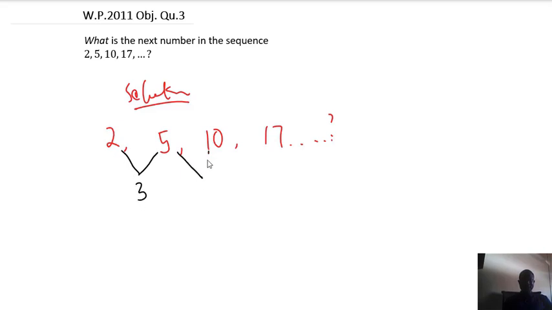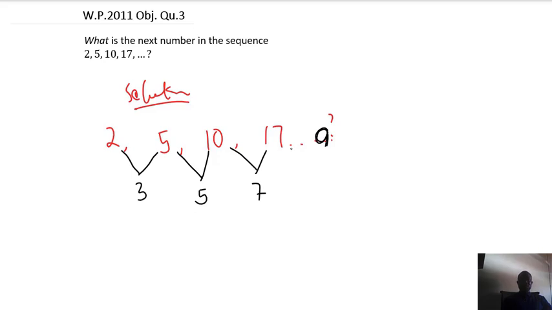And between the second and third term, the difference is 5, because 10 minus 5 gives us 5. And between the third term and the fourth term, it is 7. So what can we observe here? We can see that the difference between the previous term and the current term increases by 2.